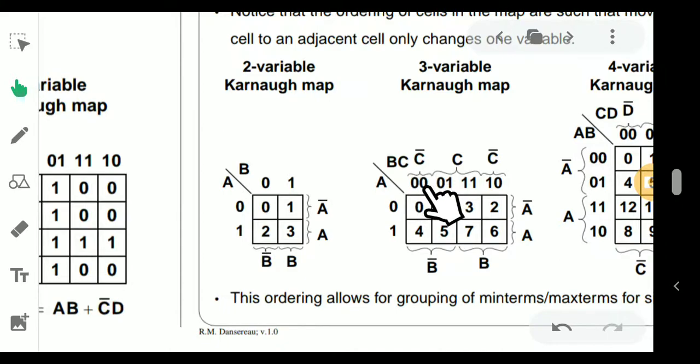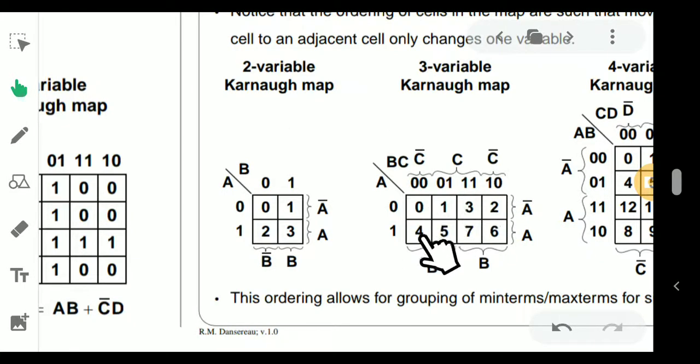From 0 to 1, one bit changes. If you change this one bit again, it will come back to 0. So we fix this one, and this bit is changed to 1. So this is 1 1, and 1 1 in binary represents 3. That's why 3 is here and then 2.